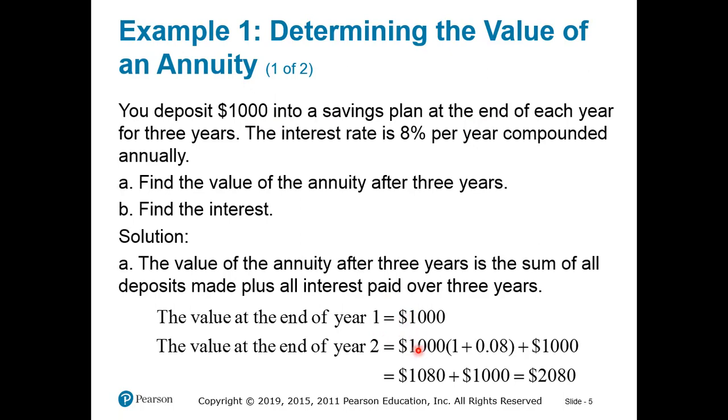Then at the end of the second year, you've earned 8% interest on the $1,000 that you invested, plus you deposited another $1,000. So now the value of your annuity is the $1,080 you have in there, plus the deposit you just made at the end of the second year, so $2,080.